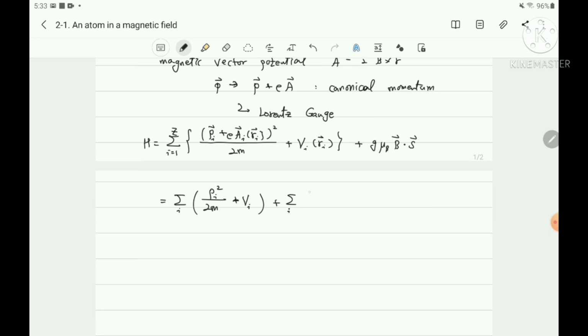The 2 cancels between the denominator and the numerator, giving e p_i dot A(r_i), and also plus e squared A squared over 2m. It is a vector.